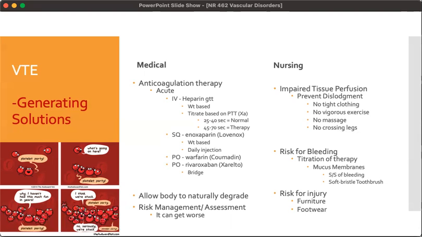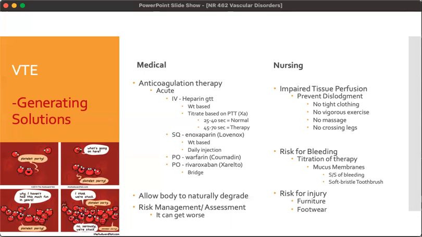The second reason is it takes about 5 days for a patient to become therapeutic with oral anticoagulation starting Coumadin. So they're going to be on a bridge for several days while their Coumadin level slowly creeps up. To measure whether a patient is therapeutic on Coumadin, we check an INR lab.